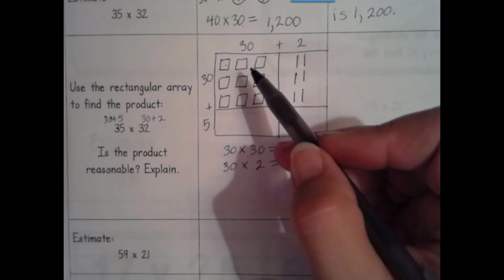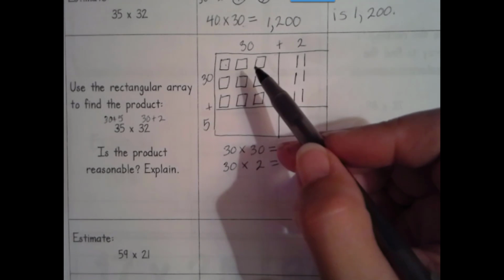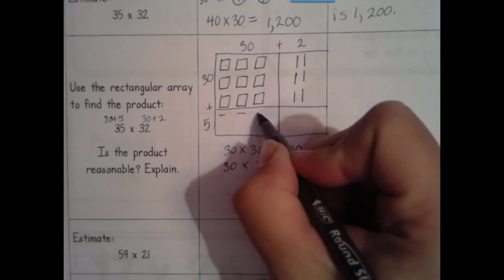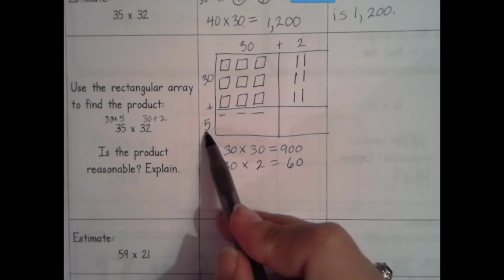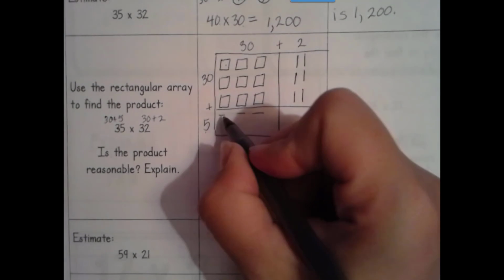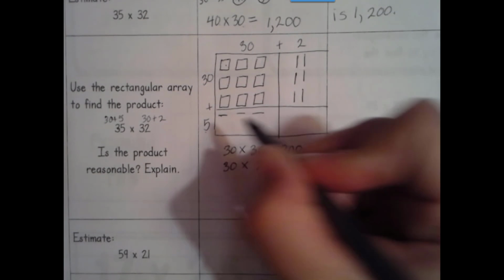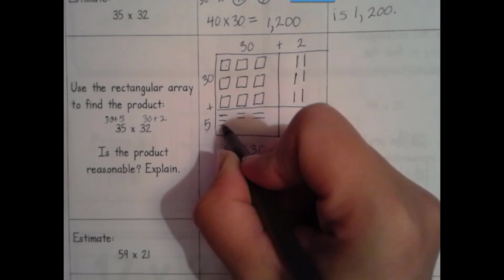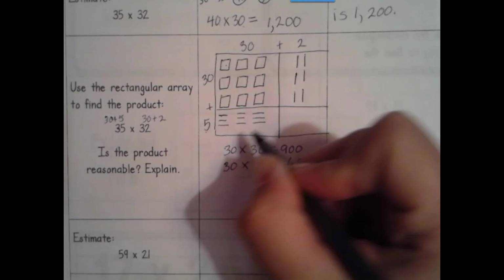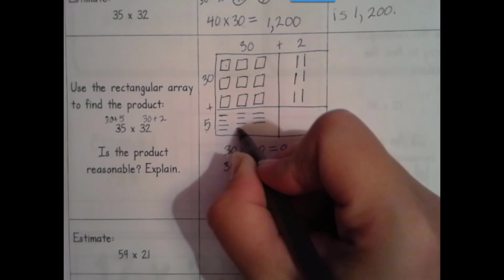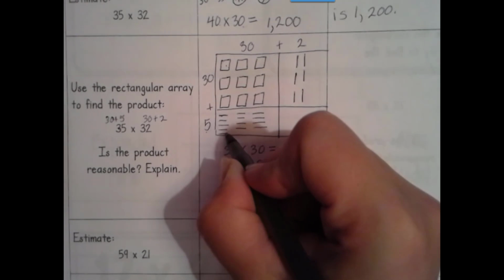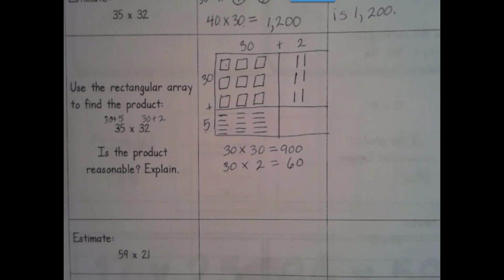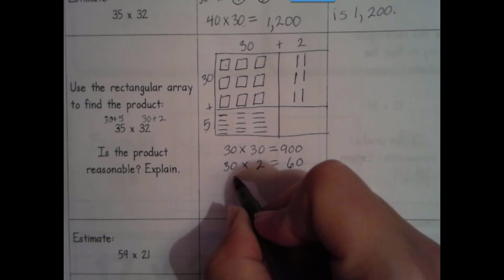Okay, here we have 30, 10, 20, 30, but we need 5 groups of them. So that's 1 group, 2 groups, 3 groups, 4 groups, 5 groups. 5 groups of 30.